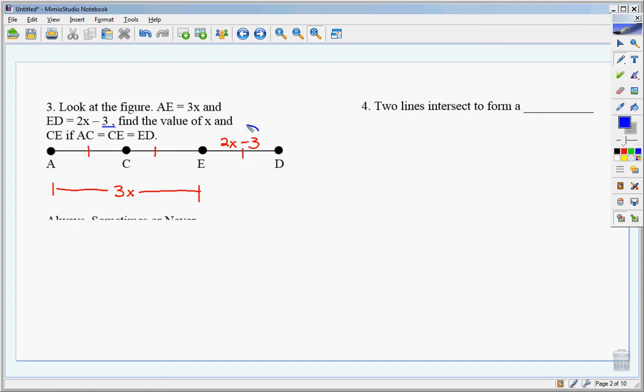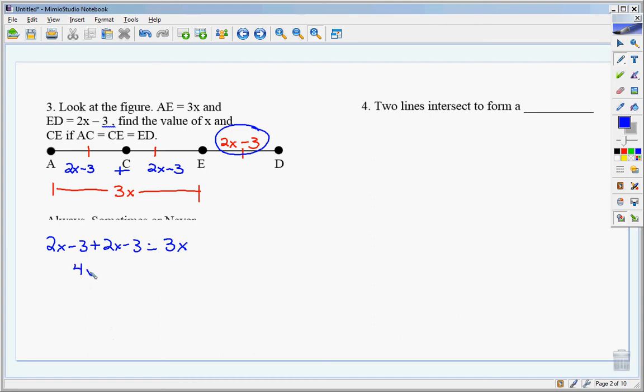So because this was 2x minus 3, each one of these pieces is also 2x minus 3. And I can see that if I add these 2 pieces together, it should be equal to the whole thing, which is 3x. 2x minus 3 plus 2x minus 3 is equal to 3x.